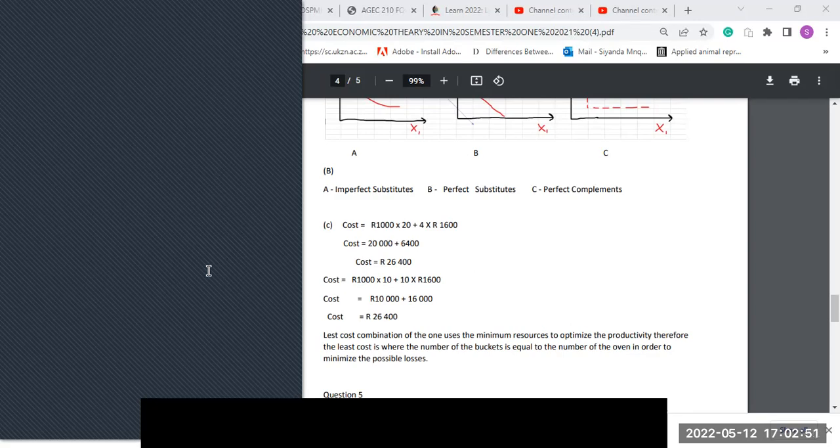So that is the cost to operate an industrial oven for a month, 1,000, and hiring a baker costs 1,600. So given 4 bakers, if we have 20 industrial ovens, we will hire 4 bakers, per month in operating these industrial ovens that we're speaking about.